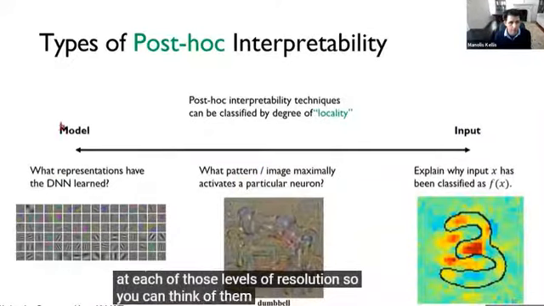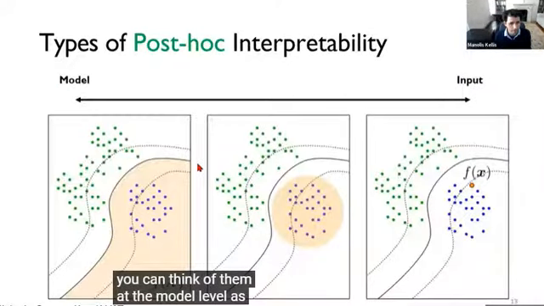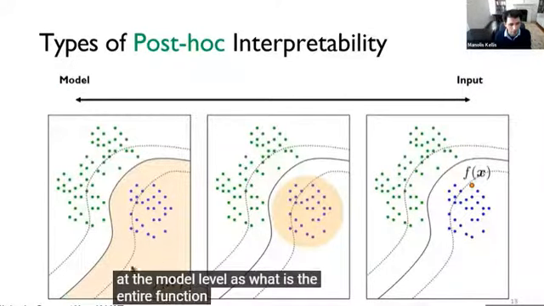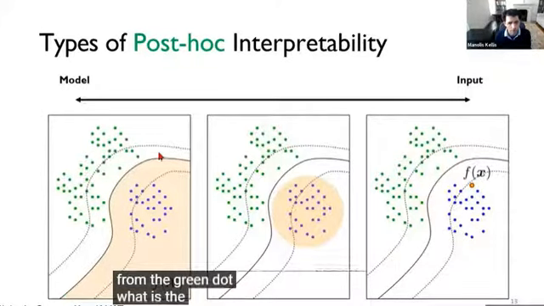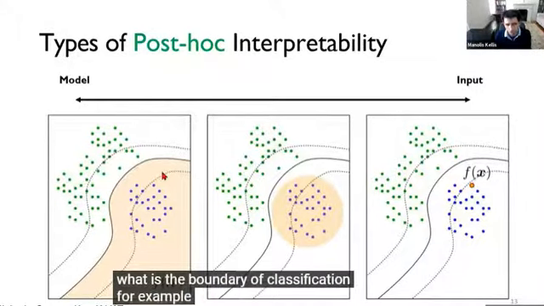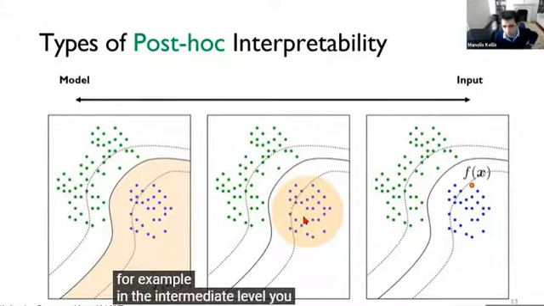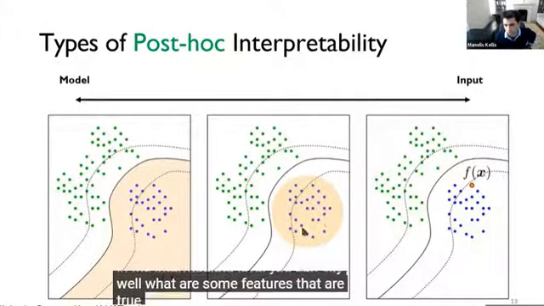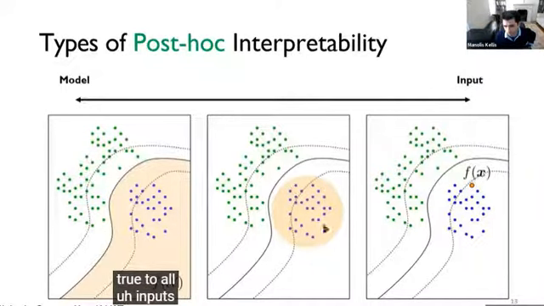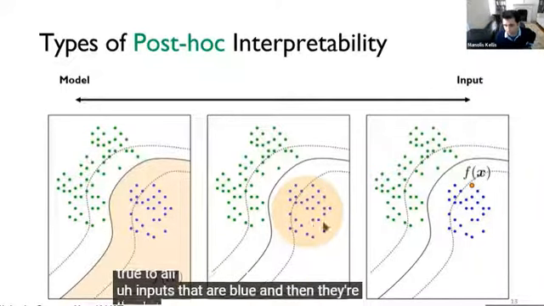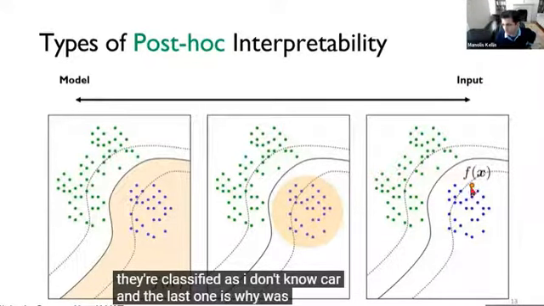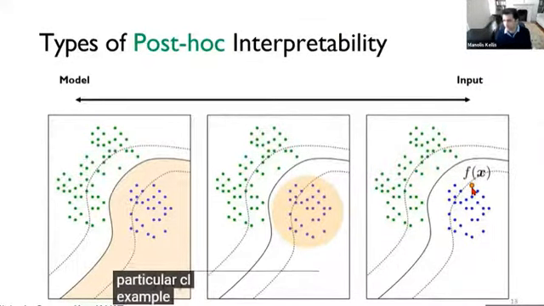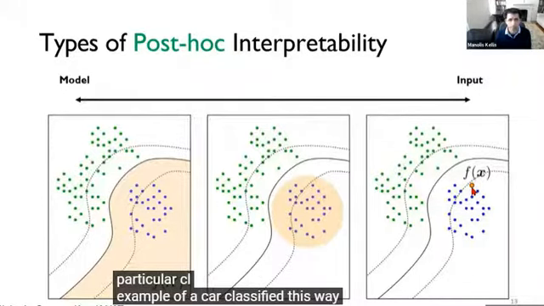At the model level, what is the entire function X that I'm approximating when I'm distinguishing these blue dots from the green dots? What is the boundary of classification, for example? At the intermediate level, you can ask, what are some features that are true of all inputs that are blue, and then are classified as, I don't know, car. And the last one is, why was this particular example of a car classified this way?